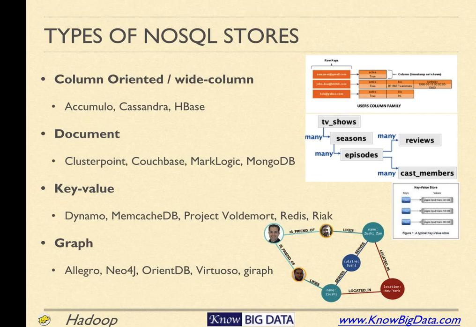The second genre of database is the document oriented database. What do we mean by document oriented database? If you think about a normal database, a row is an array of values. Instead of having a record in the form of an array of values, these document oriented databases let you store the row in a complex format.